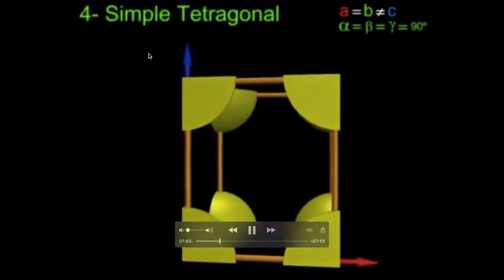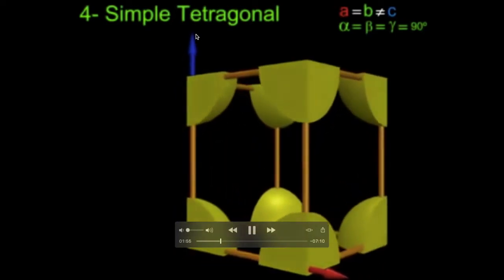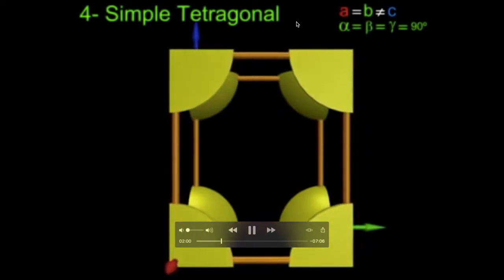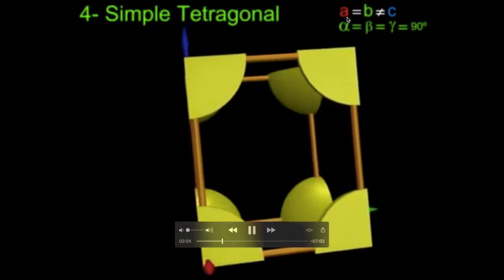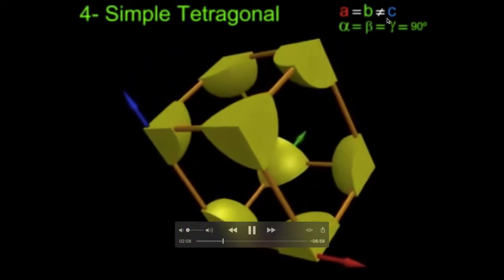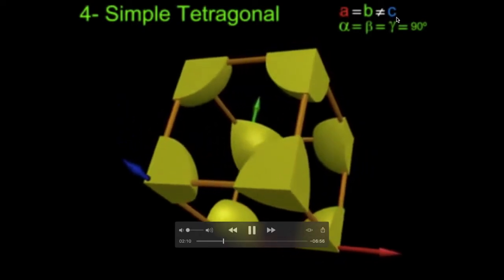Next type of unit cell is tetragonal. Try to understand it: two sides of the unit cell are equal, but the third side is not equal.